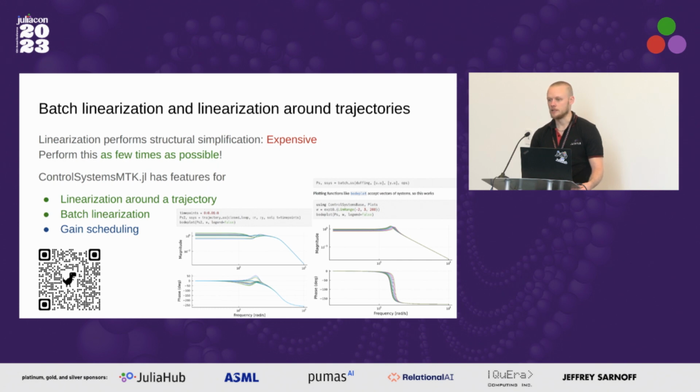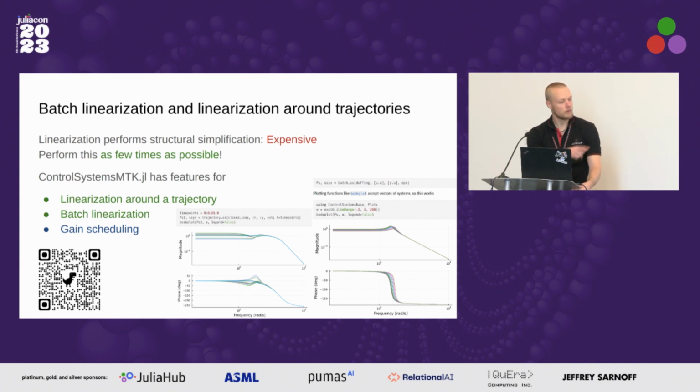What they essentially do is perform the structural simplification once, and then you just linearize using ForwardDiff or something like that multiple times for multiple different operating points. And then you might be able to do, for instance, a gain scheduling design where you design multiple different linear controllers for the different operating points and you interpolate between them.